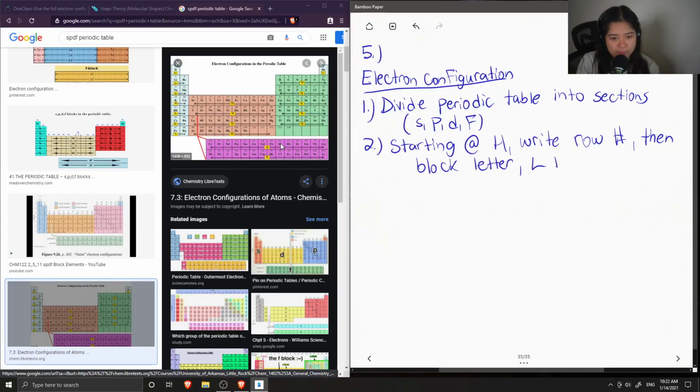And you move from left to right across the periodic table until you get to your desired element. And then once we get to our D block, we're going to write the row number -1. And for the F block, it's going to be the row number -2.